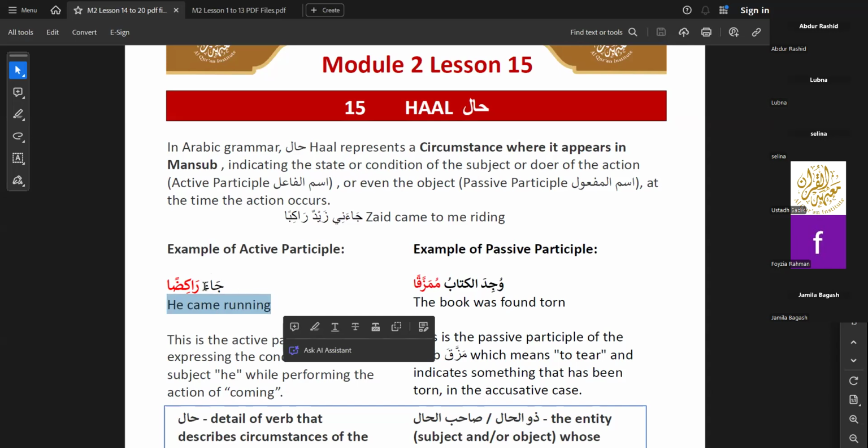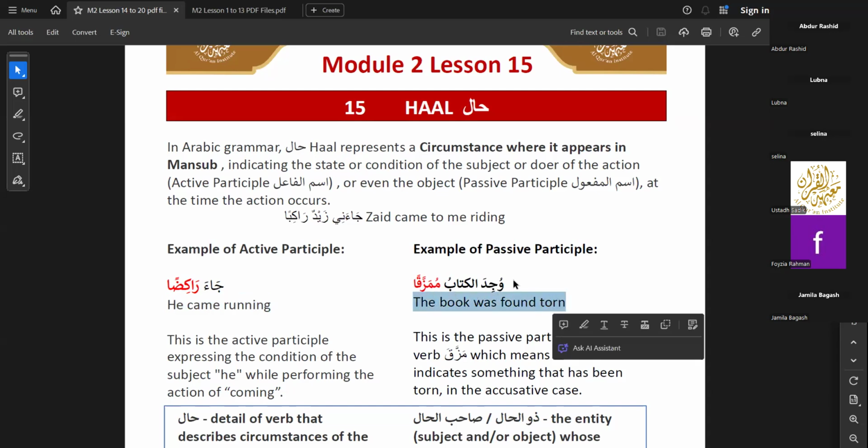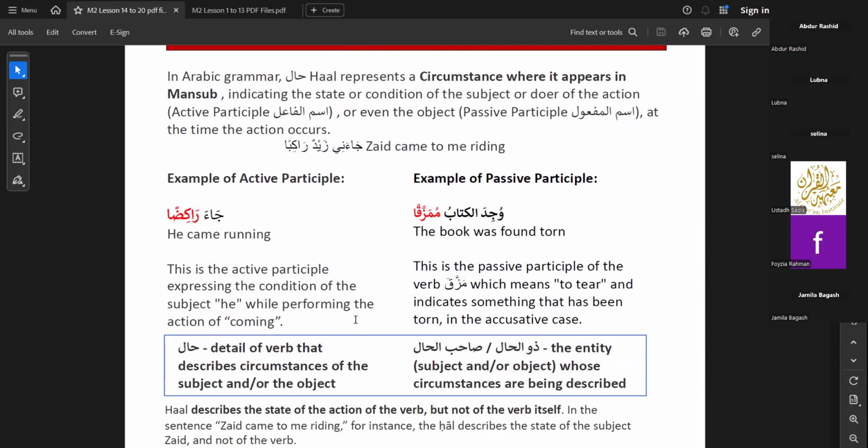Here the subject is known, he, huwa. In the second example, wujida al-kitabu mumazzaqan, the book was found, but we don't know who found the book. Therefore, it's passive. But we do have some information, the hal, mumazzaqan. In what condition was the book? It was found torn. So this is what we'll be covering today, inshallah. Some simple examples to start with.